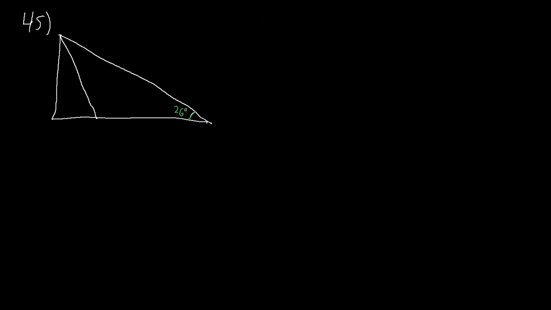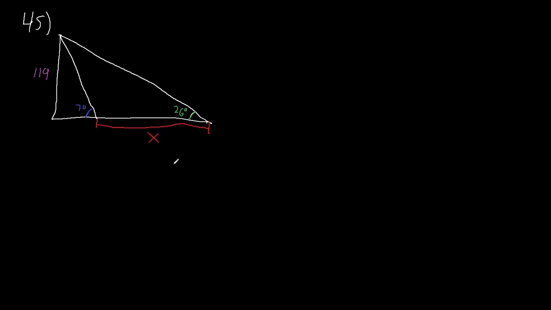And then we're given this angle here, which has a measure of 70 degrees. And then we're given this side over here, which has a measure of 119 units. And we are asked to find the length of the bottom portion of this triangle right here.